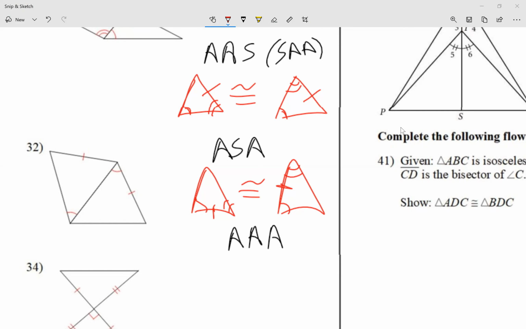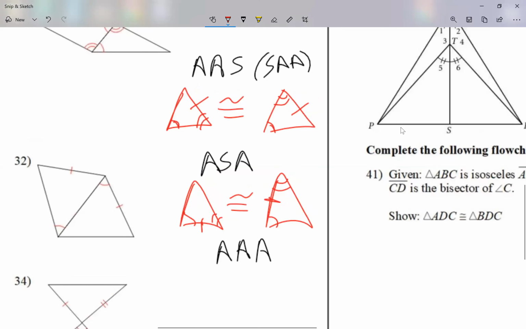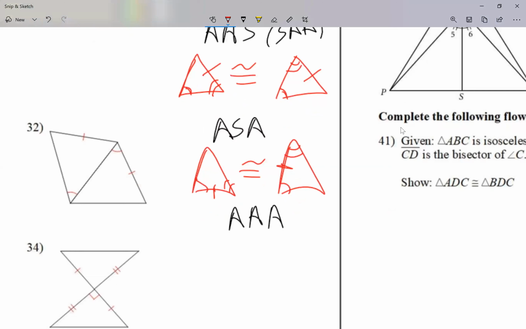Now there's another property that I do want to talk about, angle angle angle. So there are 3 angles. Let me think of a triangle. I'm just going to think of any triangle. Let's say I think of this triangle. But I start thinking, can I make another triangle with the same angles?